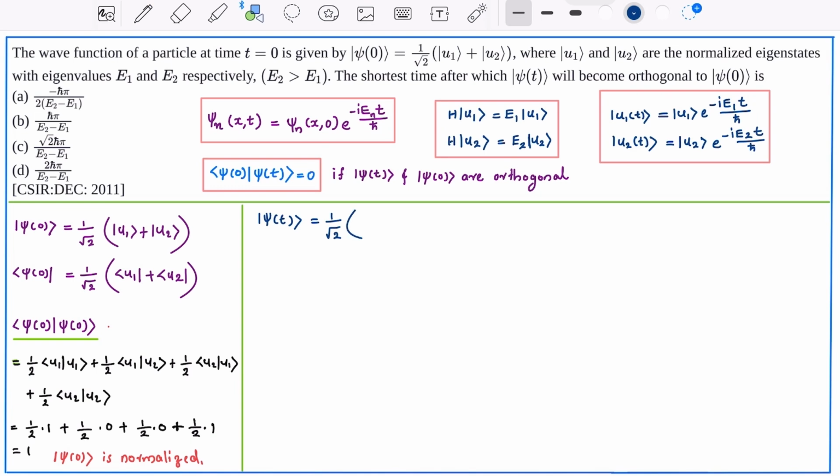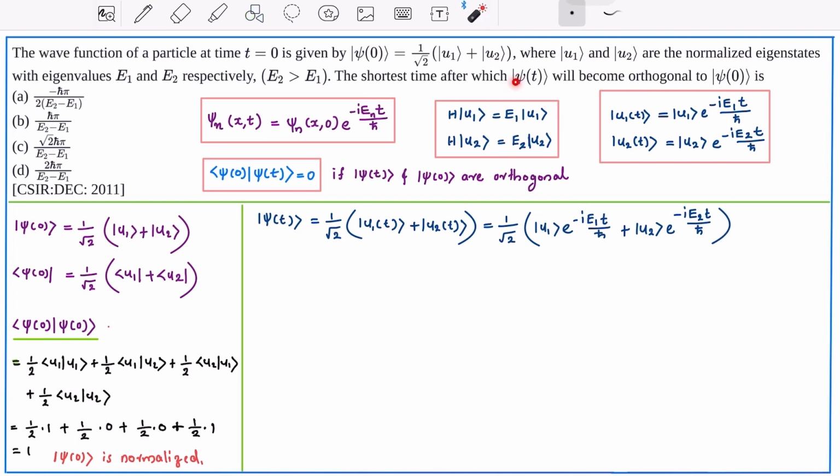First let us write ket psi of t, that is nothing but 1 by root 2 within bracket ket u1 of t plus ket u2 of t, where u1 of t and u2 of t represent the time evolution of the states. This is equal to 1 by root 2 within bracket u1 e raised to minus i e1 t by h bar plus u2 e raised to minus i e2 t by h bar. This is because u1 and u2 are normalized eigenstates with eigenvalues e1 and e2.